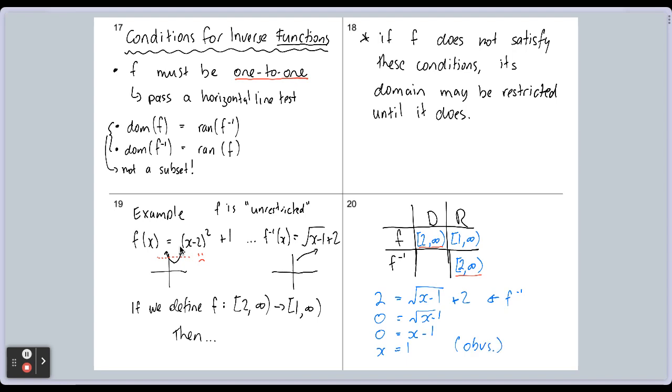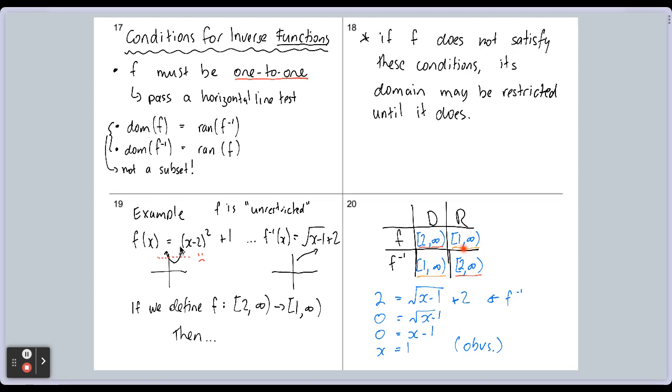In other words, my endpoint is going to be 1 to infinity. And I've got an open bracket there, because if I'm reflecting my inputs and my outputs, then clearly this range is going to meet with this domain.